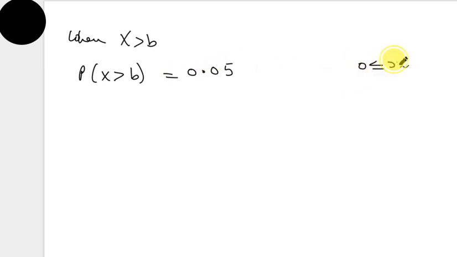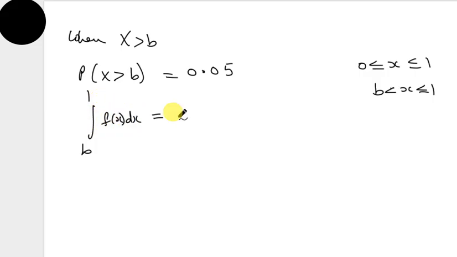My entire interval is 0 less than or equal to x less than or equal to 1. So x greater than b means I run from b up to 1, that is, b less than x less than or equal to 1. This is nothing but integral b to 1 of f of x dx equals 0.05.